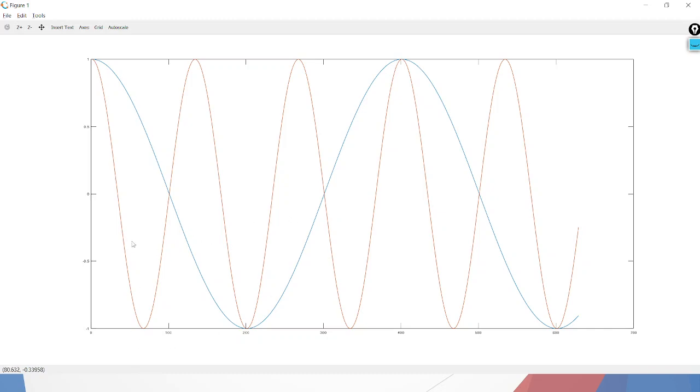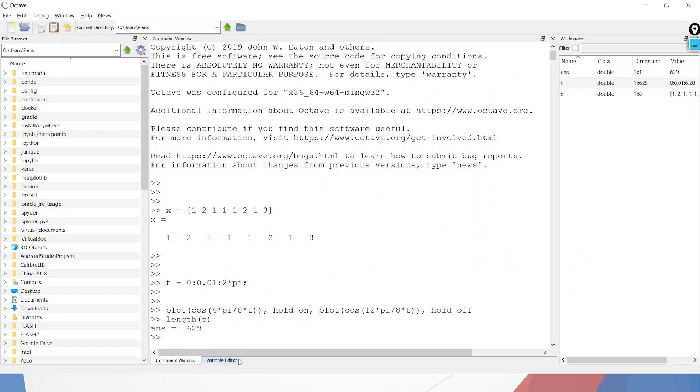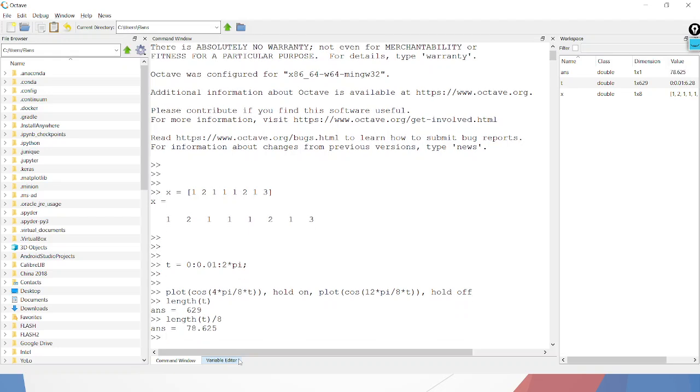So let's now try to make these samples. That's probably going to be stem, and we need to have them equally spaced. So the length of t is 629. If we split that into 8, then the step of time is going to be 78. So then n is going to be starting from 0 with a step of length t versus 8 all the way up to the end.